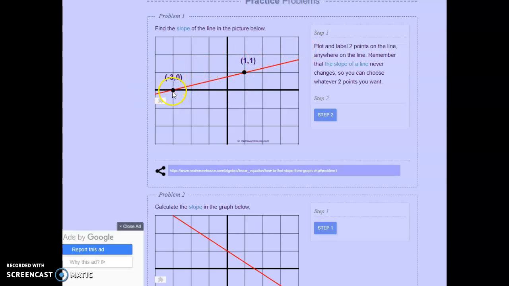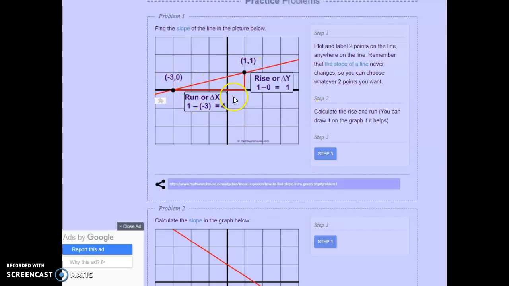So you choose the left point, and we're going to go to the right point, and we rise and then run to the right. So we would rise 1 point and run 4 points. So my slope would be positive 1 over 4, or 1/4.